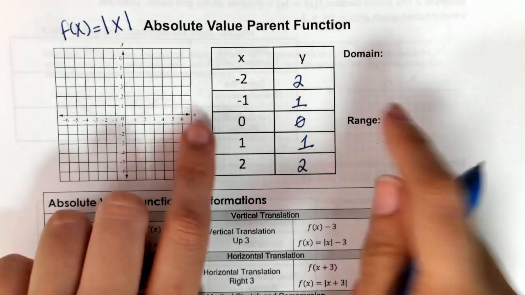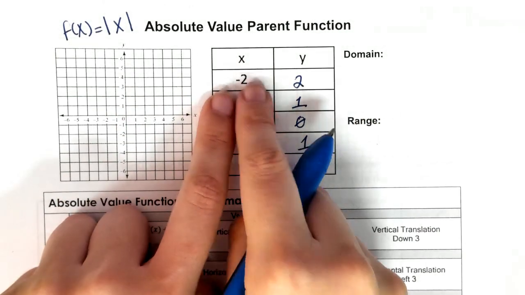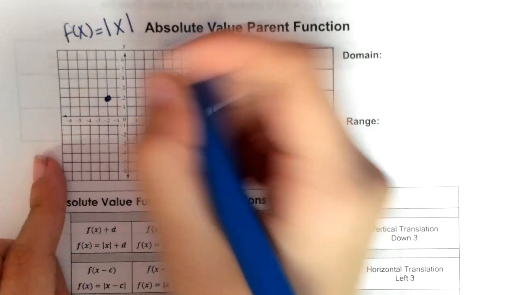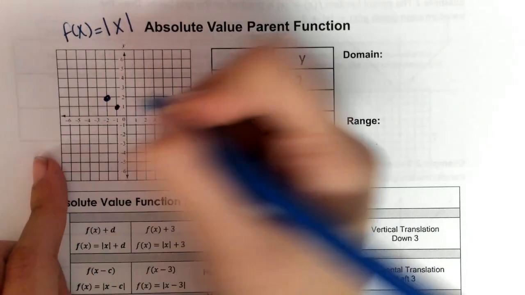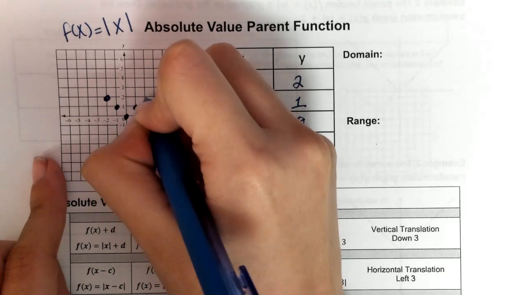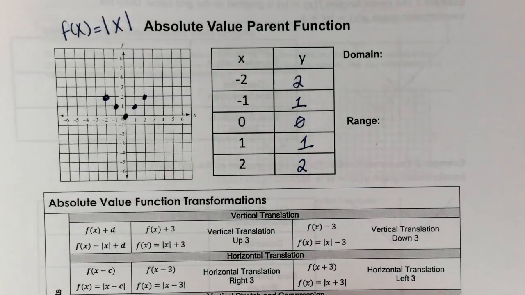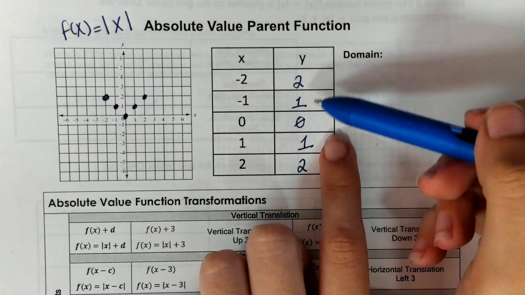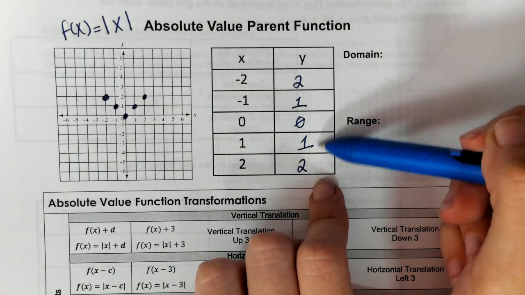So now these are my coordinate points. I'm going to plot (-2, 2), (-1, 1), (0, 0), (1, 1), and (2, 2). Something you may notice in your points is that we go 2, 1, 0, and then 2, 1, 0 again.